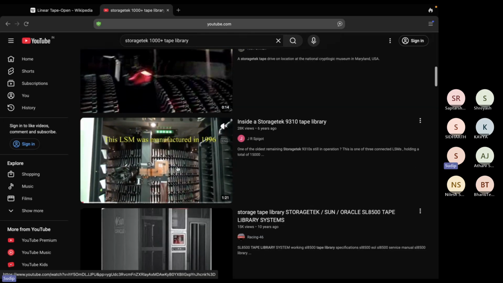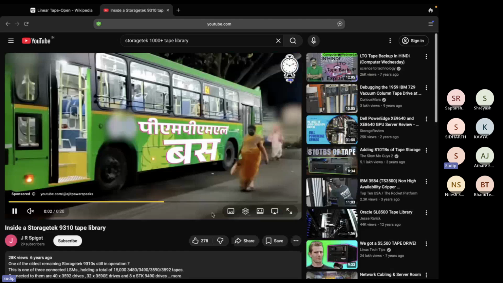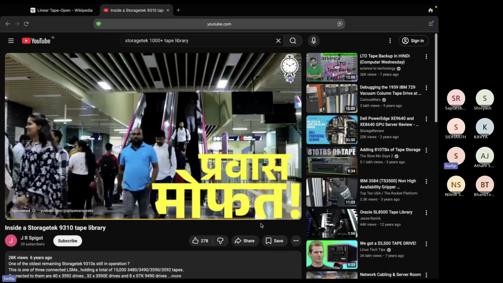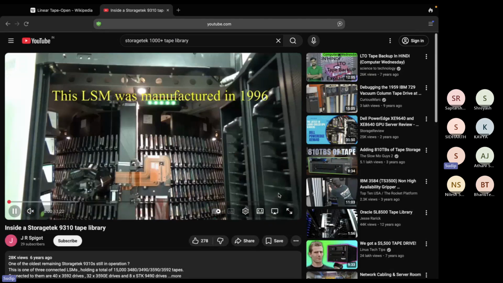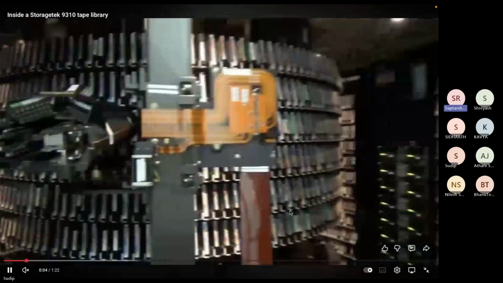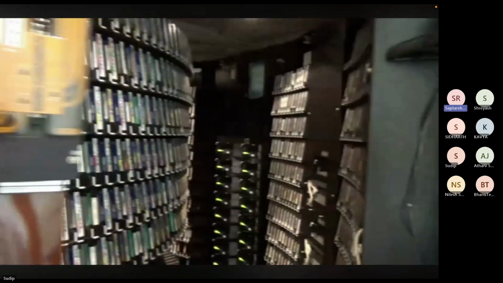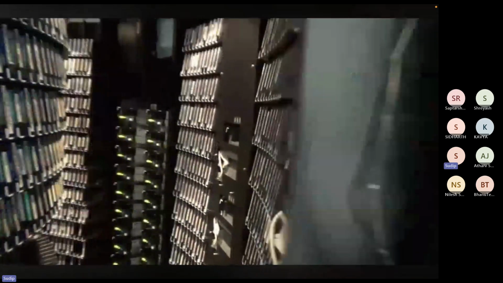Okay, the one in BSNL, which I had the privilege of working with, looks something like this. See, I told you, it's as big as a two-story building. These are all tapes.